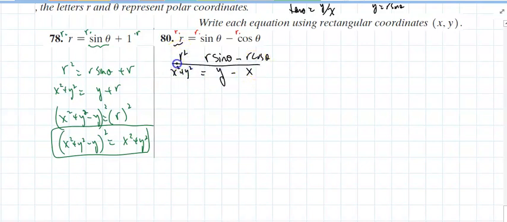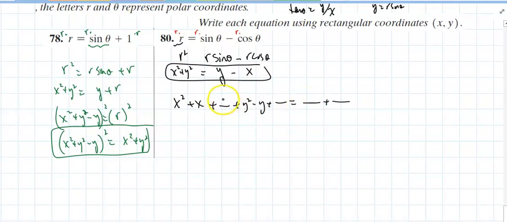Now, for us, this is good enough. They're going to take x squared plus x plus a number plus y squared minus y plus a number equals, and half squared is a fourth, half squared is a fourth, and you notice this is x plus 1/2 squared plus y minus 1/2 squared equals 1/4 plus 1/4 is 2/4, which is 1/2.